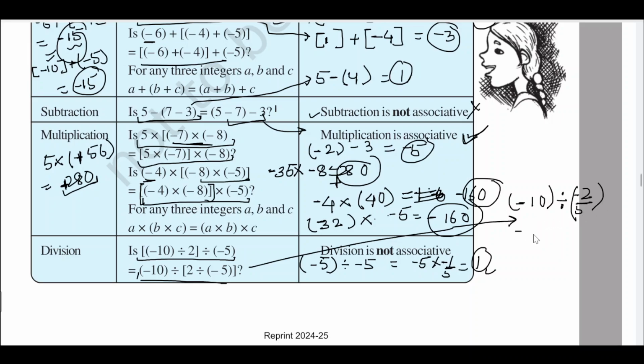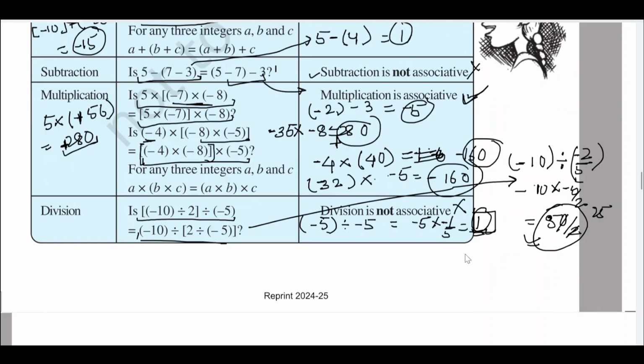Okay, now minus 10 into minus 5 by 2, that is 50 by 2. Minus minus will cut out. So here RHS we are getting 50 by 2, that is 25, and LHS we are getting 1. So this is not being equal. Division is not associative for integers.